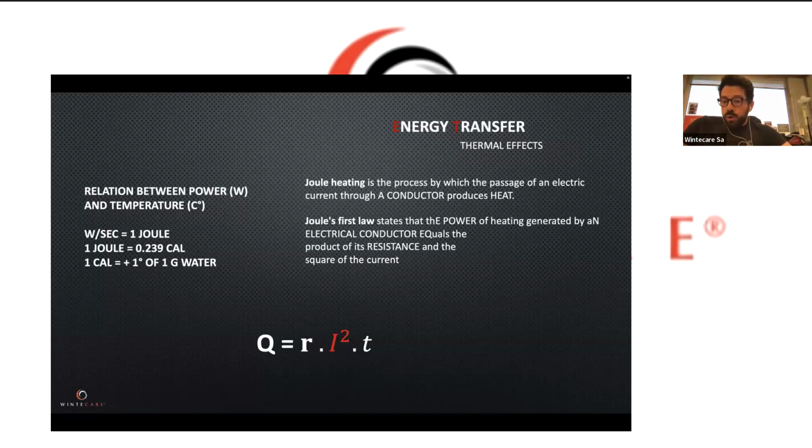This tells us also that if we compare a device that gets up to 2 ampere, like T plus, with a unit that has just 0.5 ampere, like many other units within the market, the difference in terms of energy transfer is huge. It's not just 4 times. So it's not just 2 divided by 0.5.